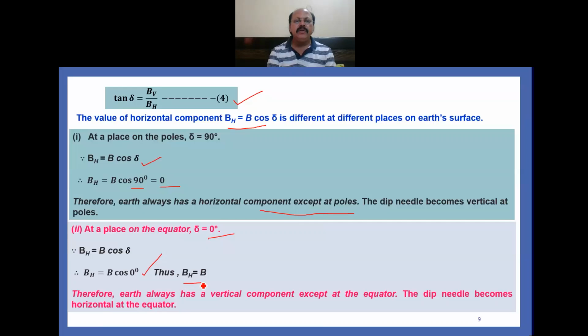That's why BH equals B. So therefore earth has a horizontal component at the equator, and the dip needle is horizontal at the equator. Dip needle becomes horizontal at the equator. So this is about the magnetic elements of earth, which describe completely the earth's magnetism.